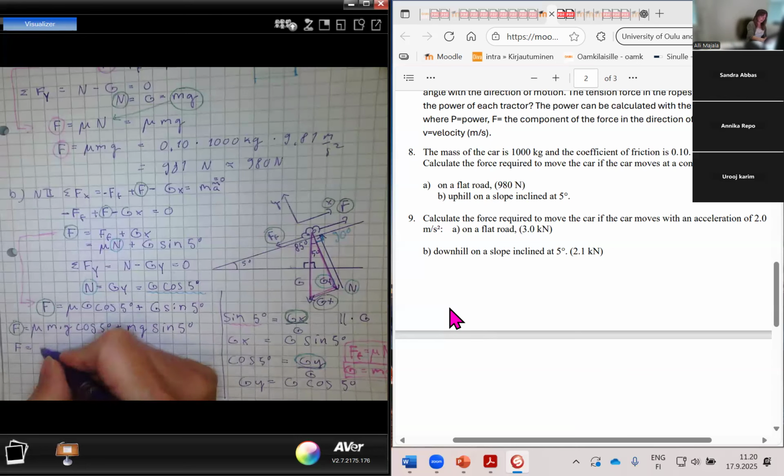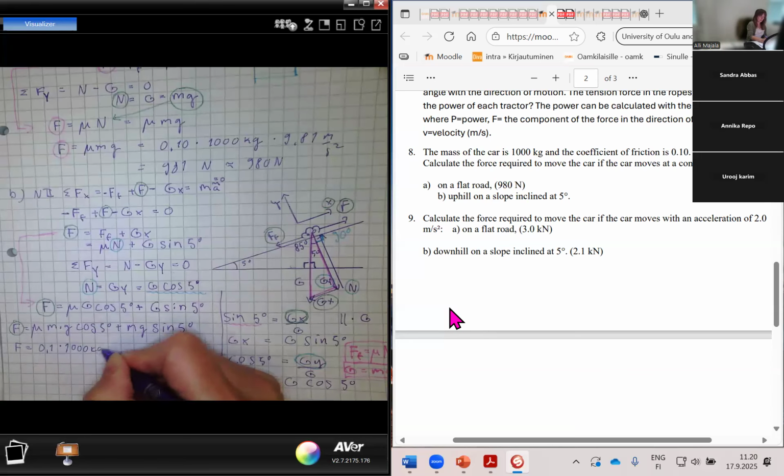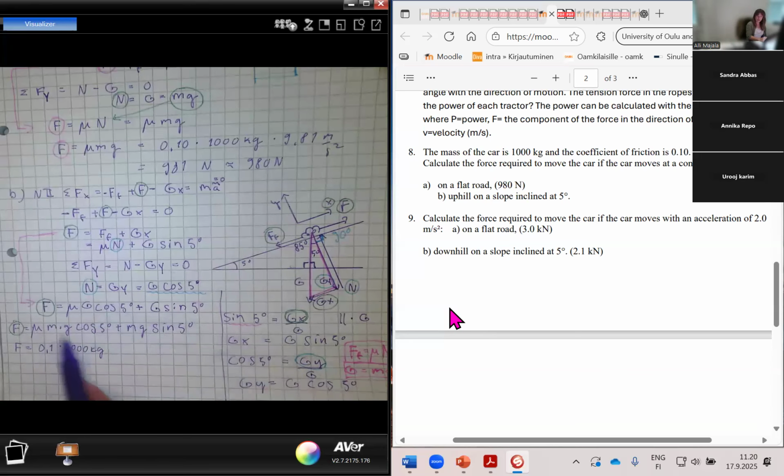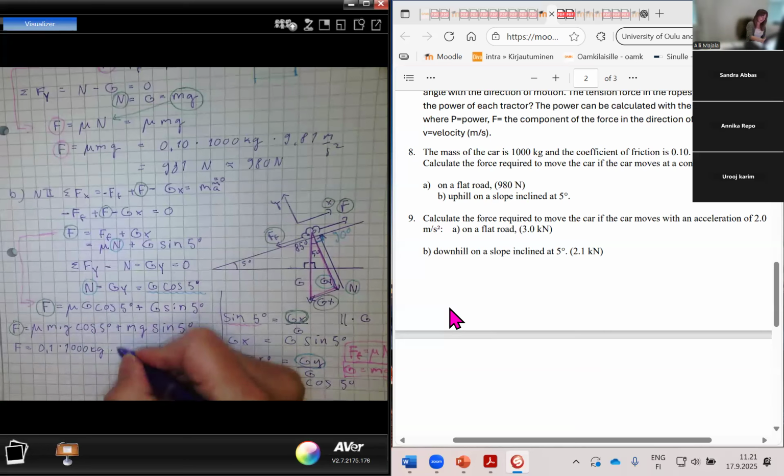So this was 0.1. Then I had the 1,000. I could also take a common factor, but I don't do that. I just put everything there.